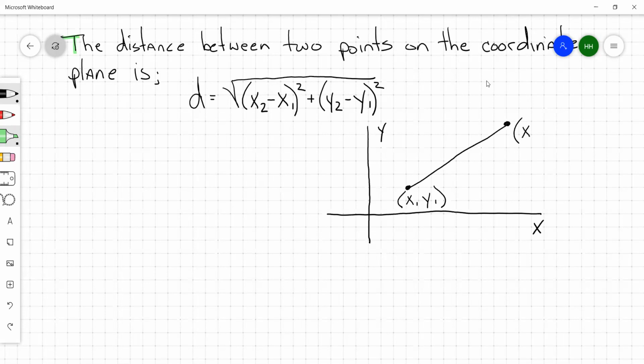And then your x value at the other point is called x sub 2 and y sub 2. To find the distance between those 2 points, you substitute the x and y value at each point into the distance formula.